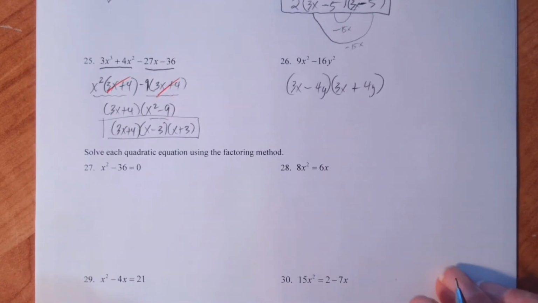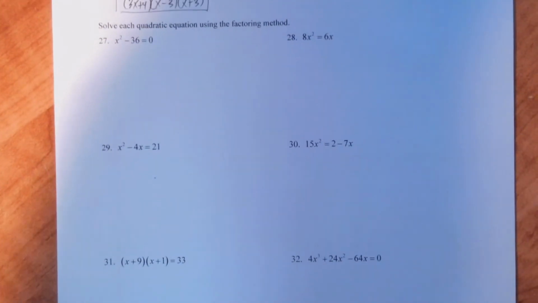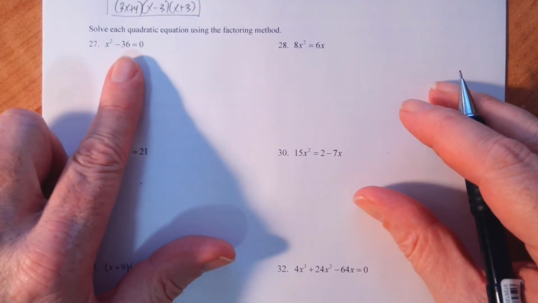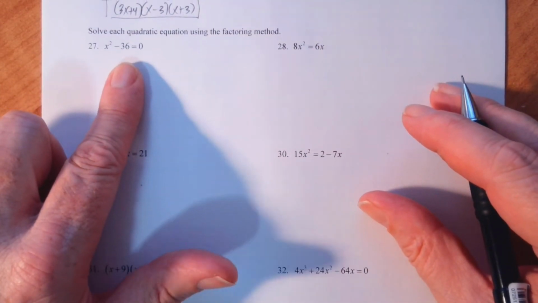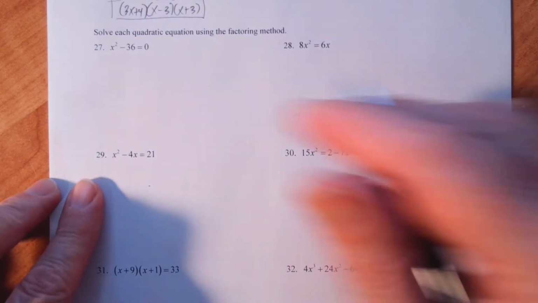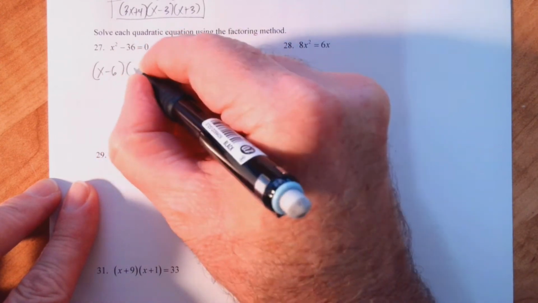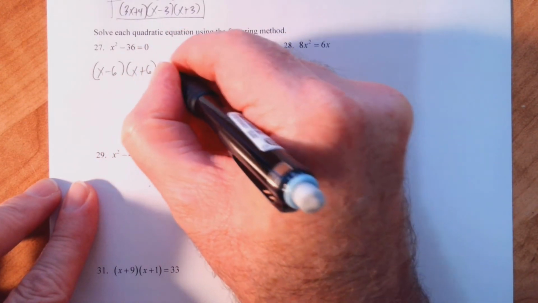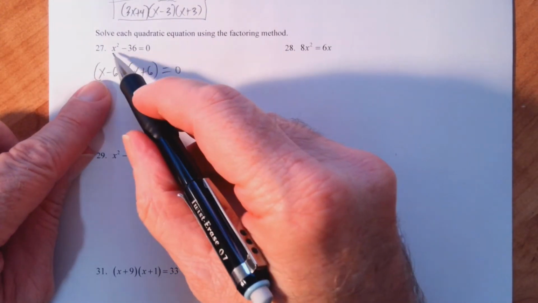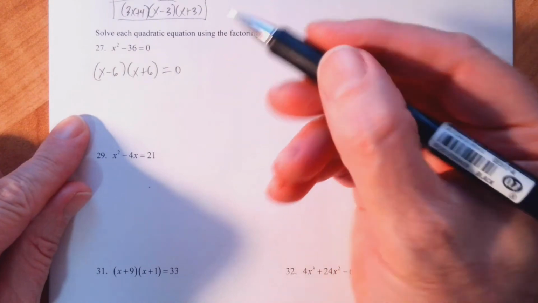We're going to be factoring when we solve these quadratic equations, but now the main focus is I need to come up with a solution to the equation. With quadratic equations, we normally get 2. So I hope when you look at 27, you're like, oh, that's a difference of squares. That's going to be x minus 6 times x plus 6 equals 0. Again, this number times itself is that, this number times itself is that, 1 minus and 1 plus.